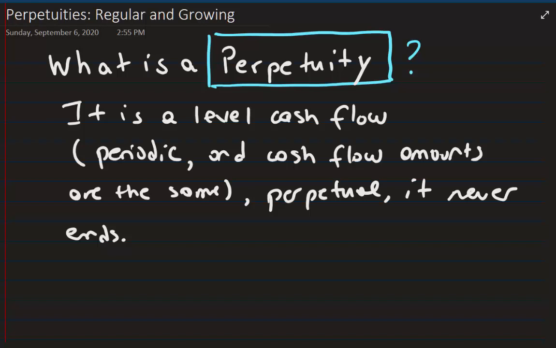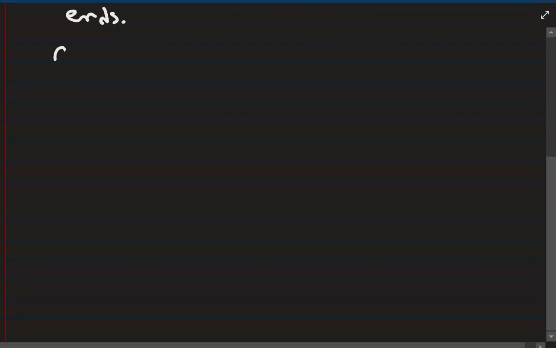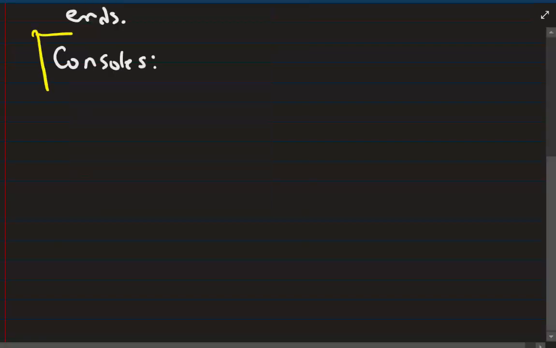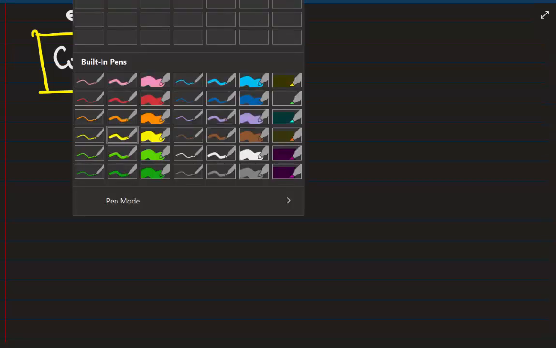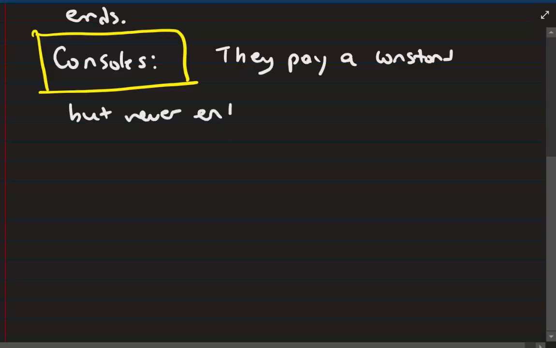Example, British government has financial instruments called consols. Consols are instruments such that they pay a constant but never ending coupon or interest on a loan.